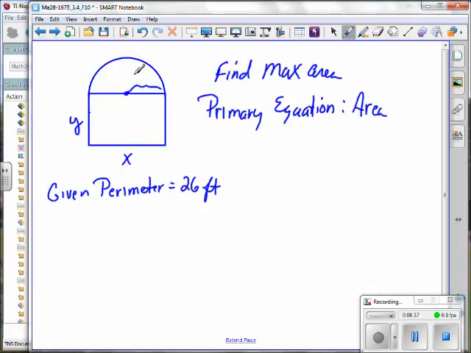Area of the semicircle is going to be half of pi r squared. The radius is x divided by 2 because it's half of that base there. So I have now my area equation in my head. Area is going to be the area of the rectangle plus the area of the semicircle. But when I do that, I'm going to involve a y and an x, which I really don't want to do. So that's what it's saying.